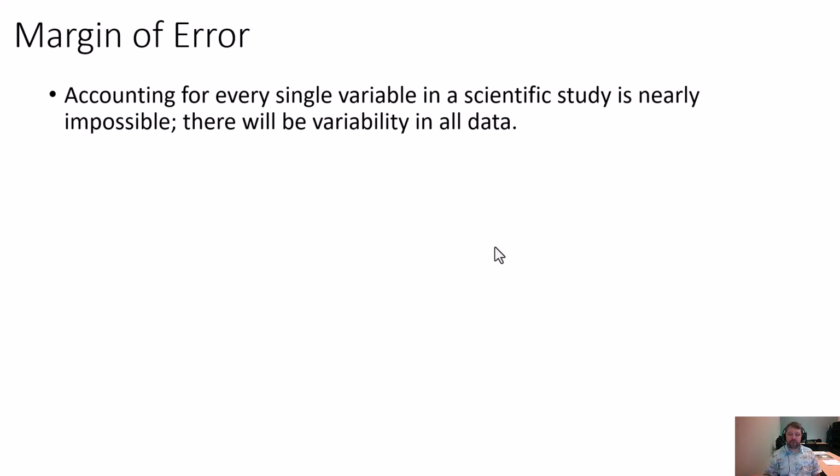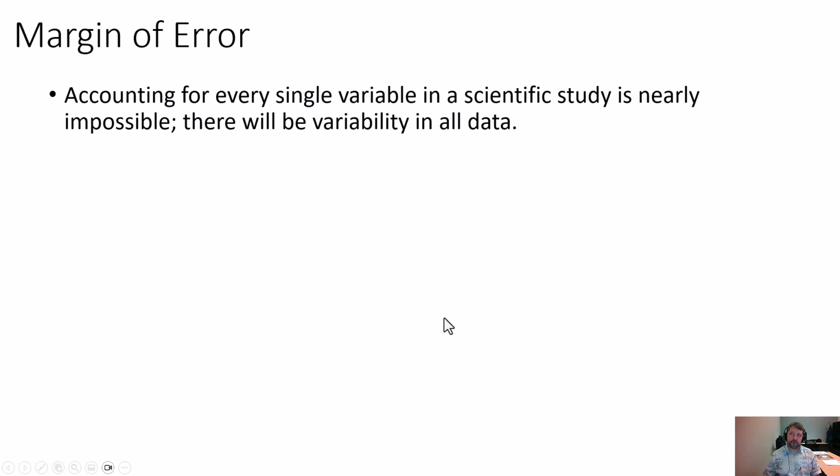In scientific studies that are more familiar in things like molecular biology, where you're doing things in a lab, or chemistry or physics, where you're doing things in closed systems, accounting for single variable differences is a lot easier.